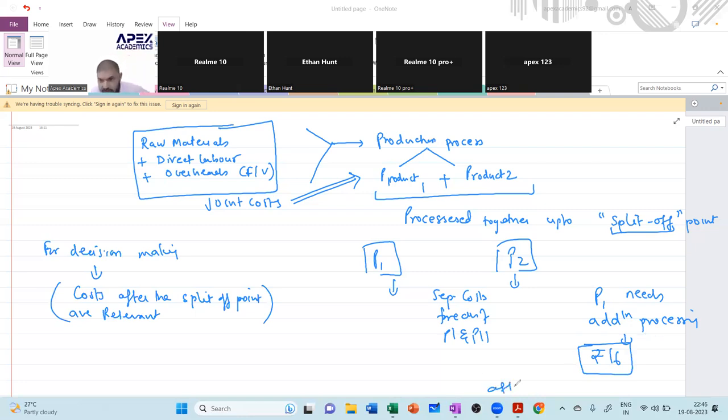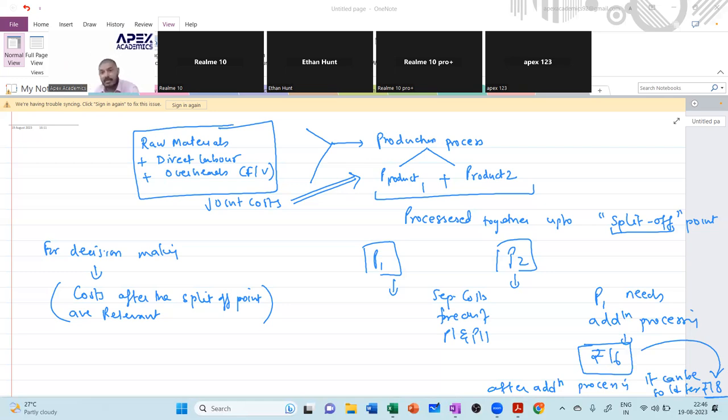After additional processing, it can be sold for 18. Is that okay? Yes, it's okay. Why? Because the 16 is recovered from the 18.